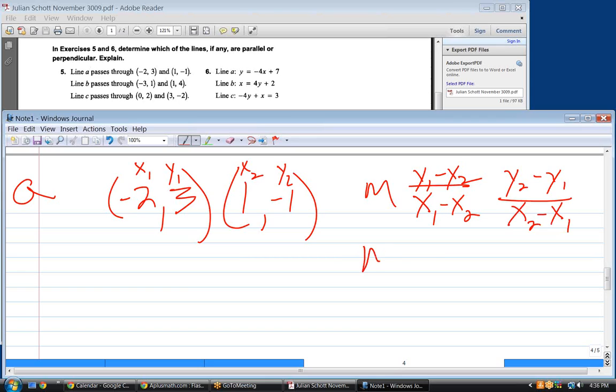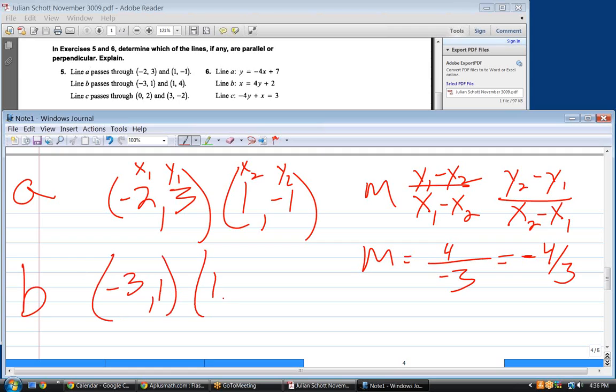So what is my slope here? 4 over -3. There you go. Equals -4/3. So that's the slope of line A. What's the slope of line B? 3 over 4.